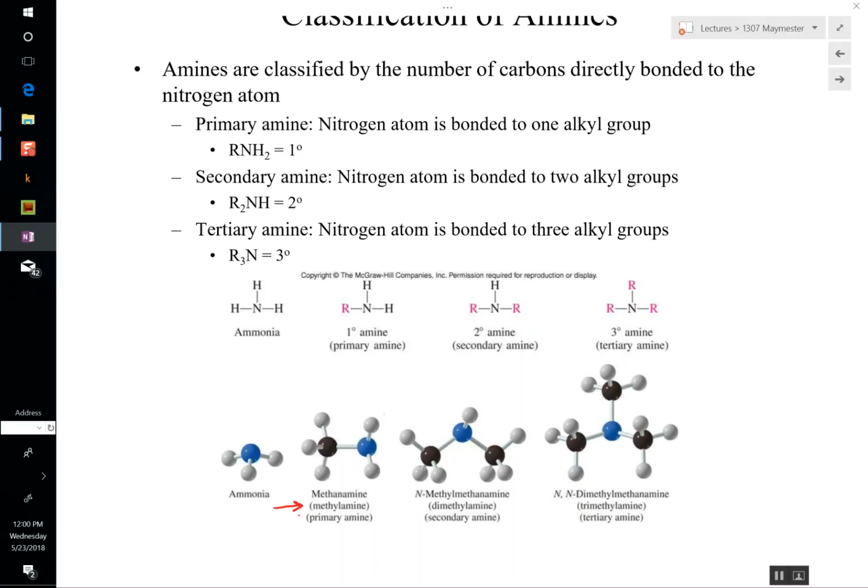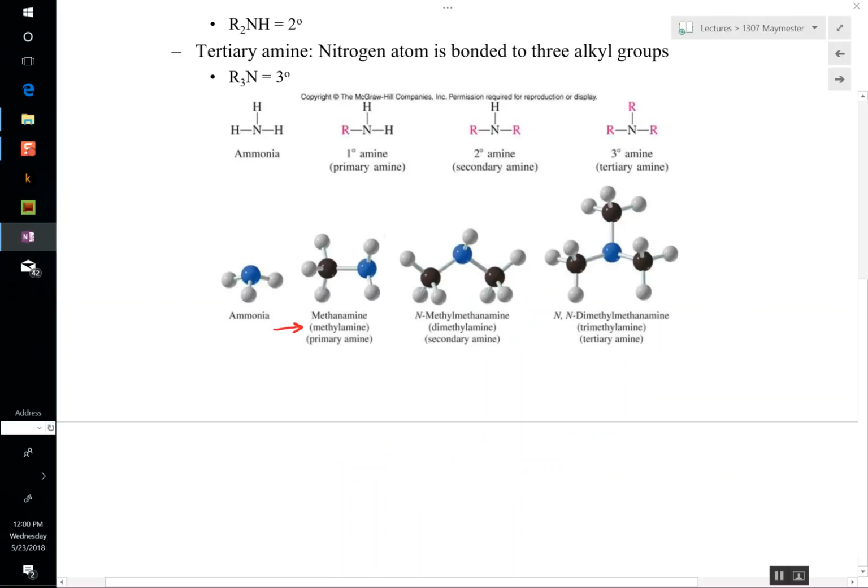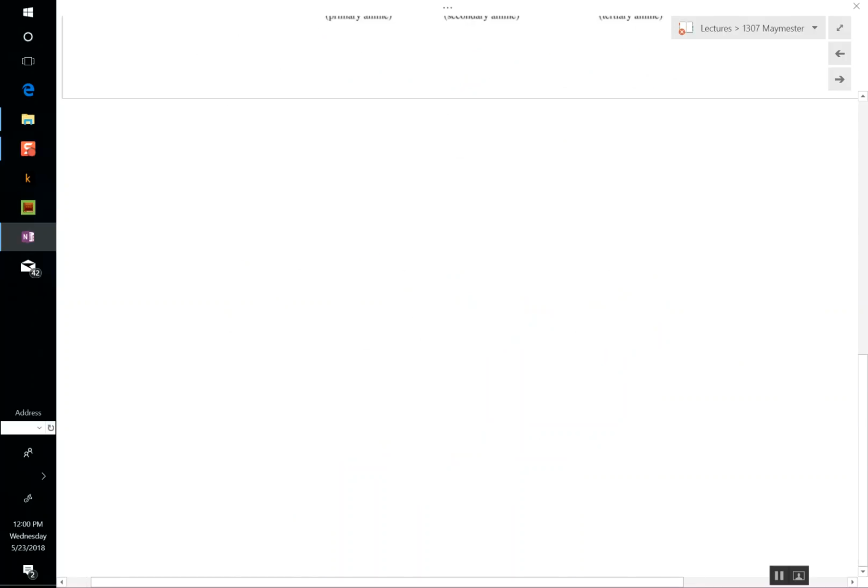Okay? So, do you know how to classify an amine by seeing how many carbons are attached to it. Let's take methylamine for an example here. Let's say you're given, it says draw methylamine.